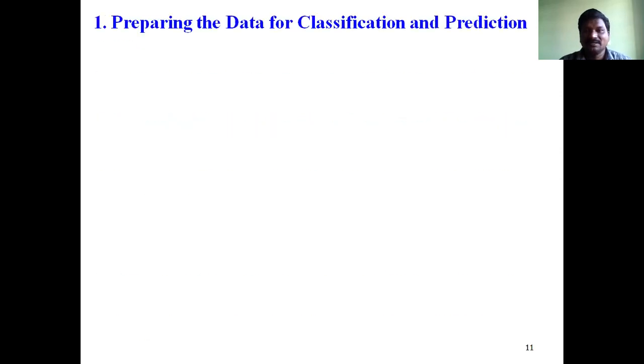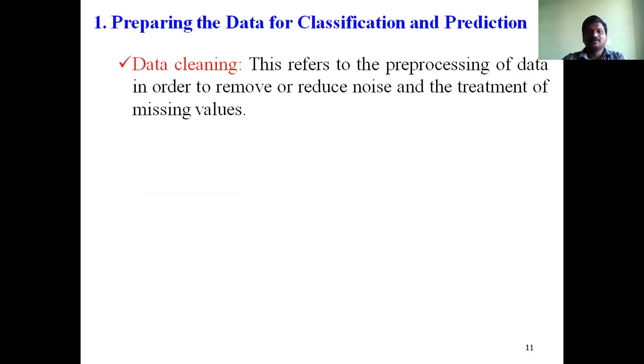At the time of preparing the data for classification and prediction, you have to perform data cleaning techniques. You have a great idea about data cleaning from the previous videos. Data cleaning means that real world data consists of incomplete data, inconsistent data, noisy data, and redundant data, and you have to remove such data.